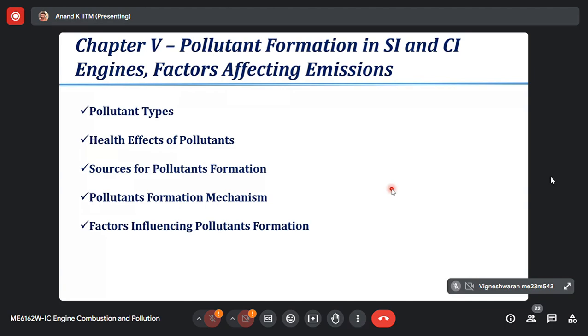In the last class, I started the discussion about the factors that influence pollutant formation in spark ignited engines. Here we are looking at engine design and operating variables that affect these 3 pollutants. I will continue the discussion now.